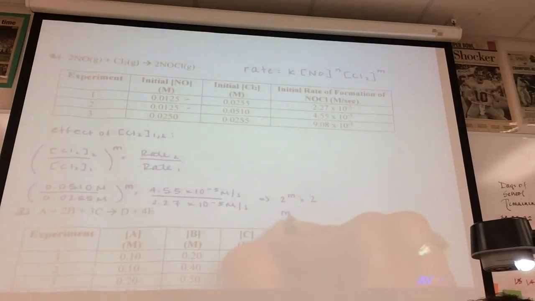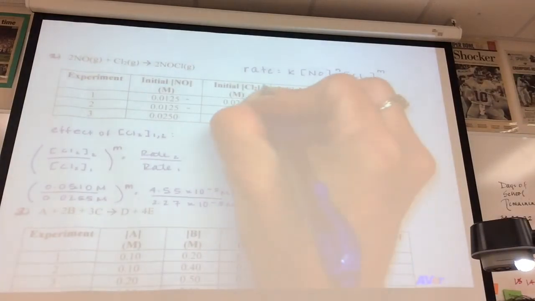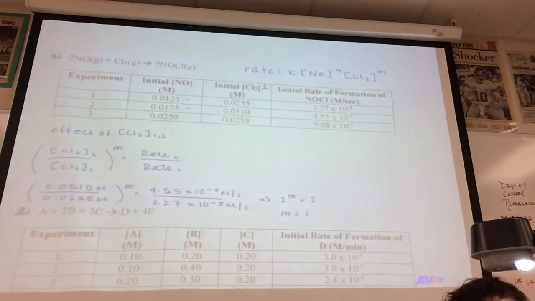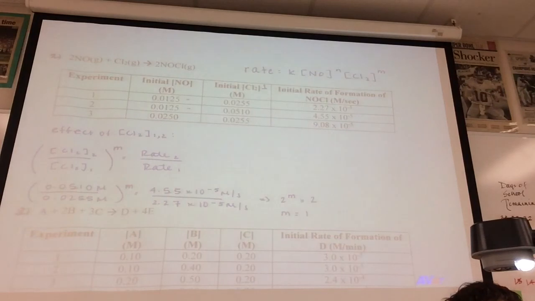What's m? 1. So the order with respect to chlorine is 1. And sometimes I'll put it here so that I can find it at the end.